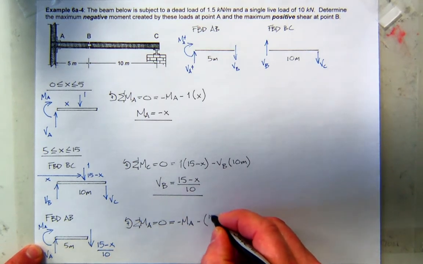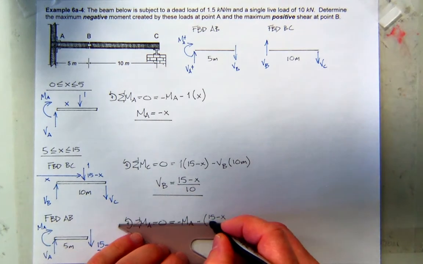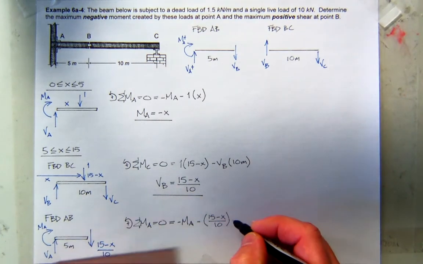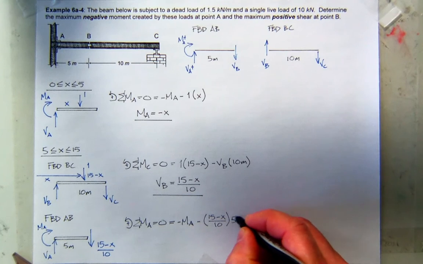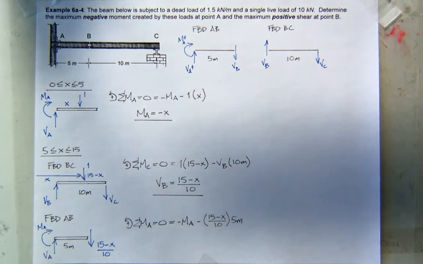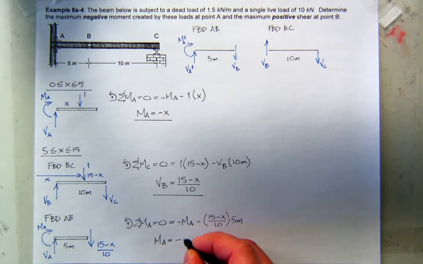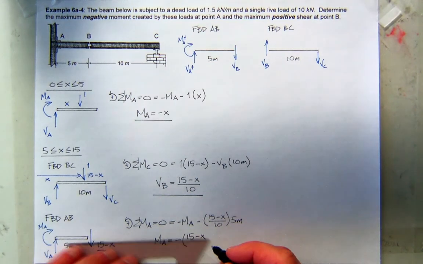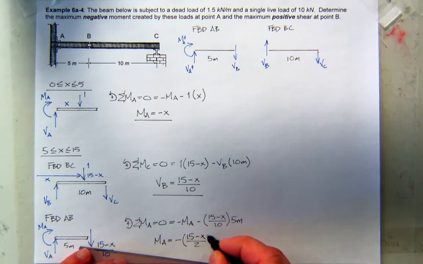The force is (15 minus x) over 10, and the distance is 5 meters. So it looks like the moment at A is negative, whatever all that is. So that 5 makes this just a 2, right? So that would be negative (15 minus x) over 2.